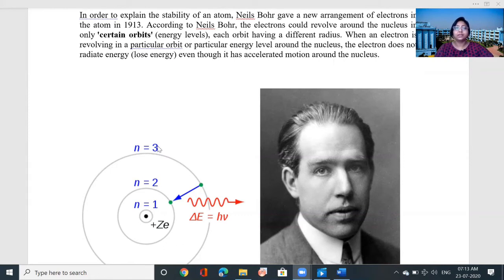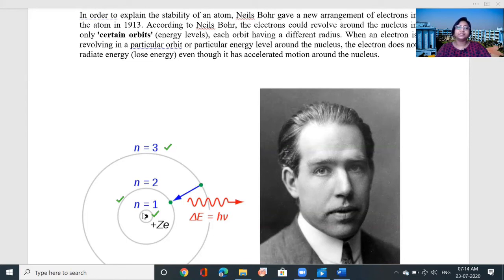So here you can see the structure, see the picture. Here are the different orbits. Here you are getting different orbits: n is equal to 1, n is equal to 2, n is equal to 3, and so on, as per the energy level.